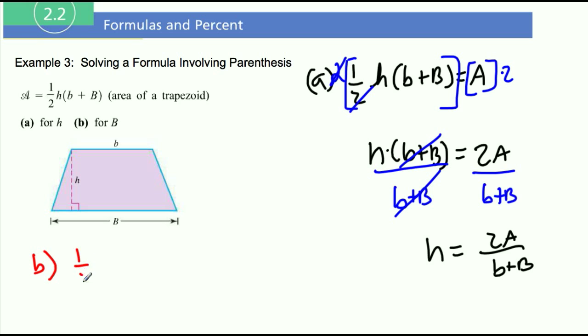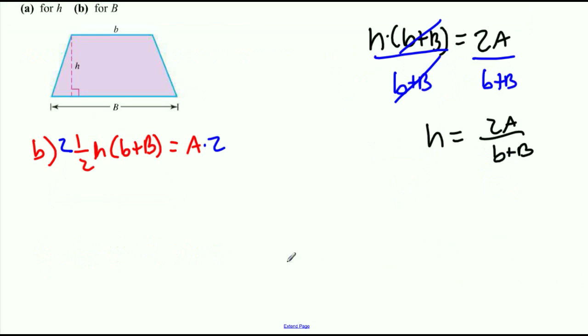So I have my A equals a half h times b plus B. Once again, I'm going to first start with multiplying by 2. And so those cross out, and I have h times b plus B equals 2A.